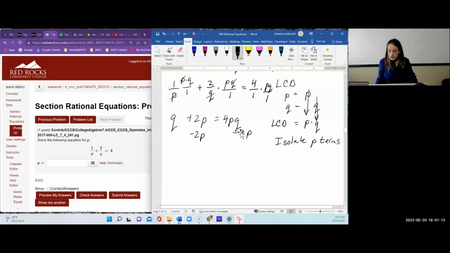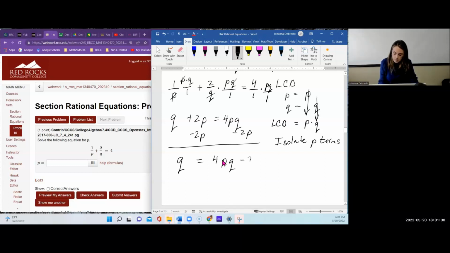These are not like terms because this is a minus 2P, which is the P term, and this is a 4PQ, which is a PQ term. The best I can do is write them side by side. That leaves Q by itself on the left and 4PQ minus 2P on the right.